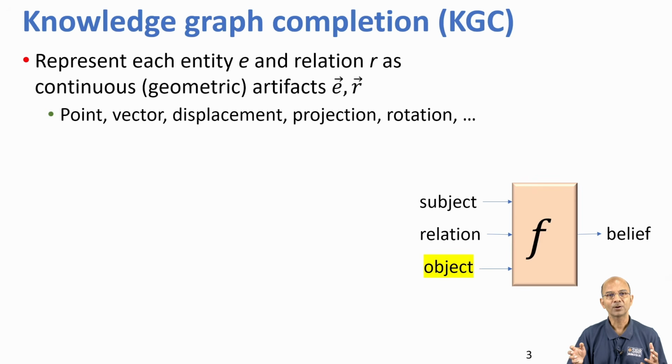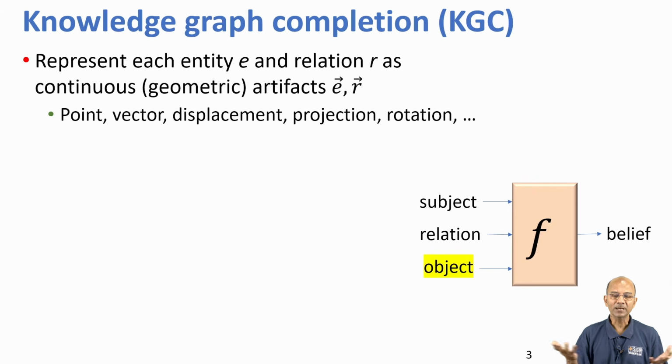Now, most knowledge graph representation and completion algorithms will represent each entity, which may be a subject or an object, and each relation as some kind of continuous geometric artifacts. Such an artifact may be a point in space, some kind of high-dimensional space where the KG artifacts are living, or it could be a vector or a displacement.